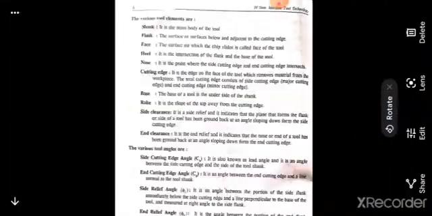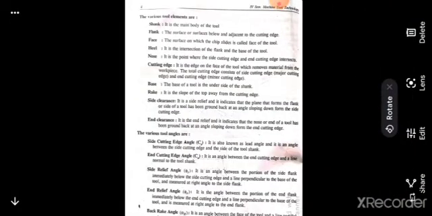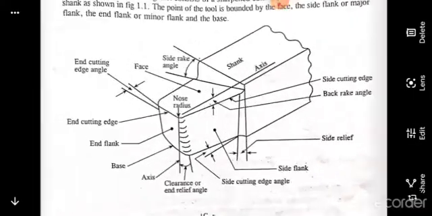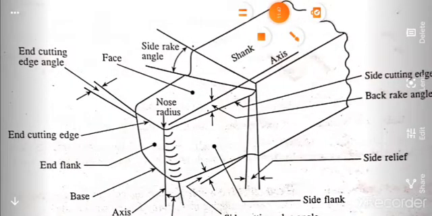Okay, so let us discuss how the chip will flow. Here this is the pace.